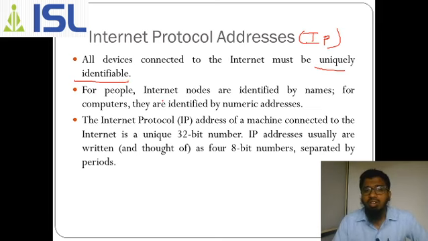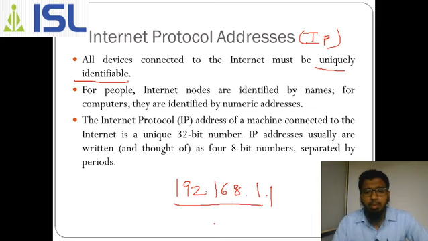For computers, they are identified by a numeric address. A numeric address is something like 192.168.1.1. This is called an IP address.